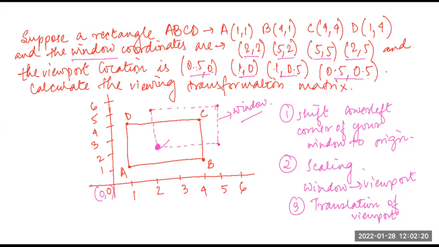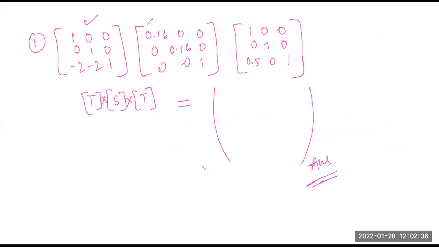So width of the viewport by width of the window will give you the sx value. Then height of the viewport by height of the window will give you the sy value. And using the concept of sy and sx value, you need to form this matrix, the scaling matrix.